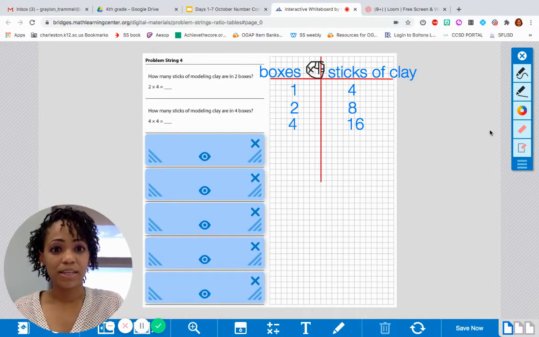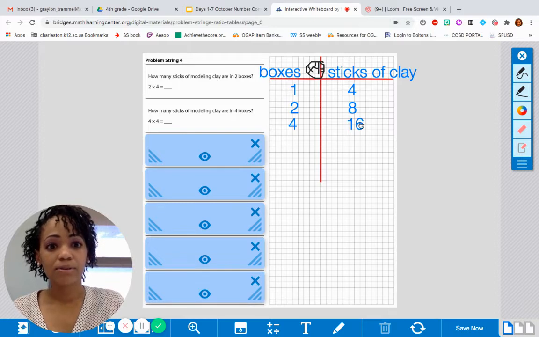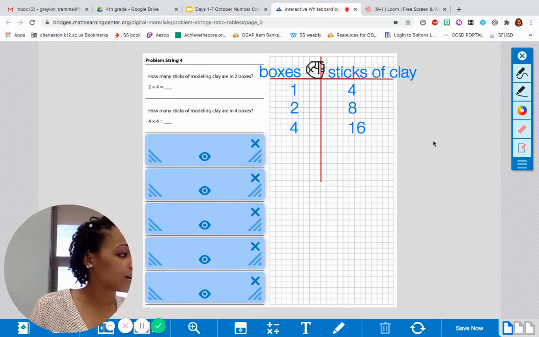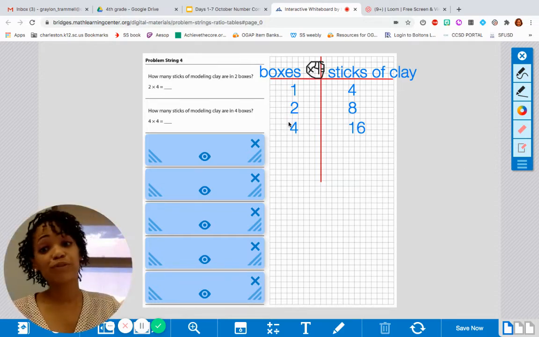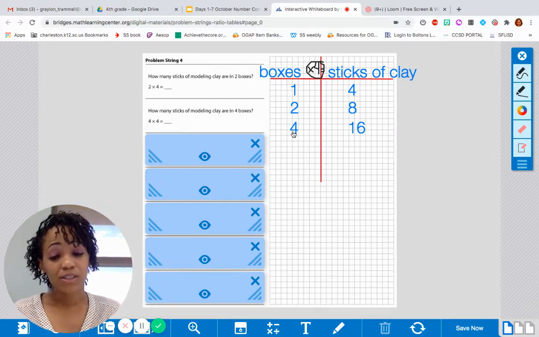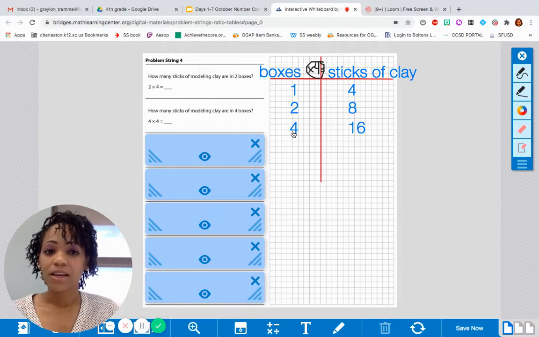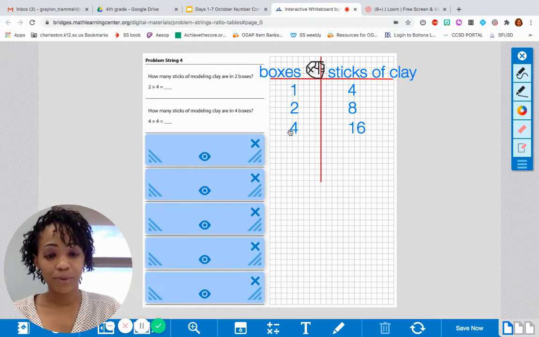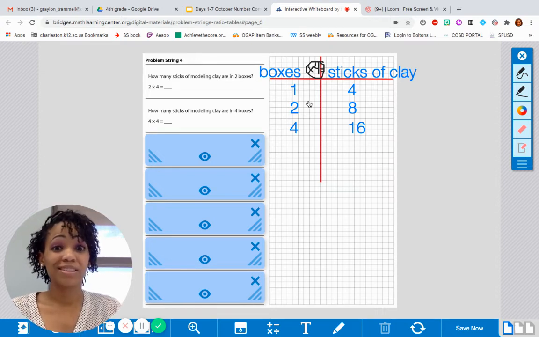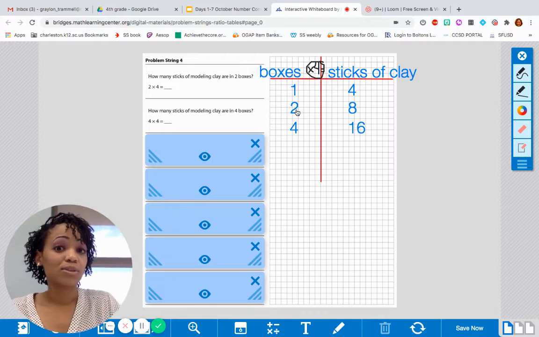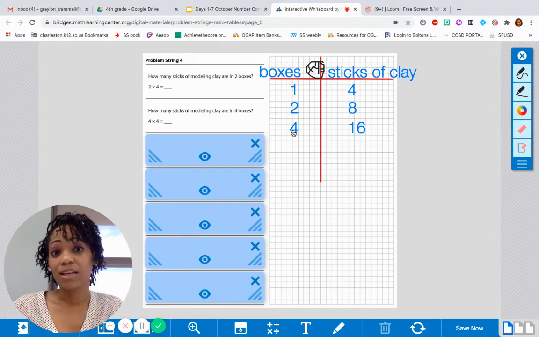How are these numbers related? I'm going to draw some arrows to kind of help us figure out the relationship. And maybe then you'll understand what I'm asking. So let's start with 2 and 4. If I'm thinking multiplicatively, how are 2 and 4 related? Multiplicatively, 1 and 4 are related because I said 1 times 4 gives you 4. So then 2 and 4 are related how?